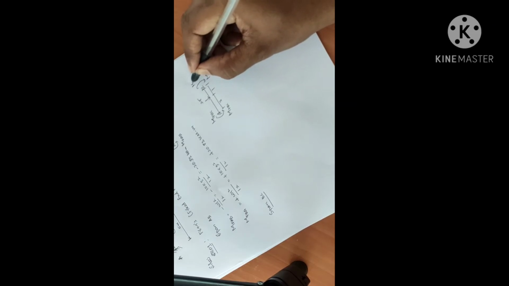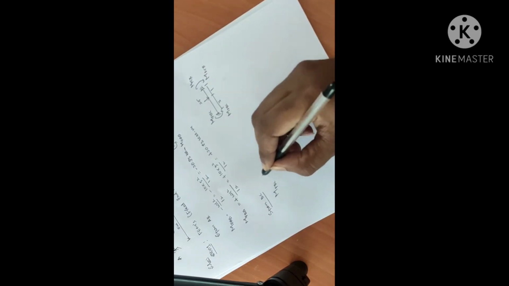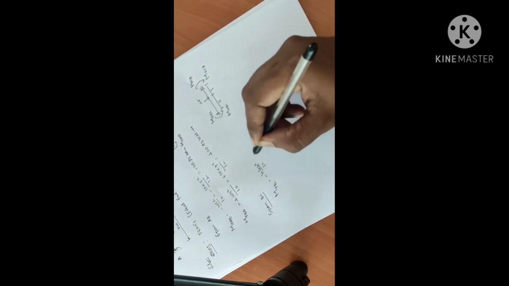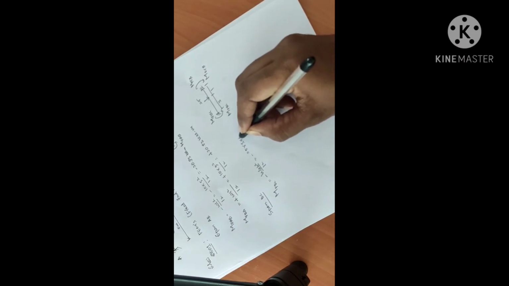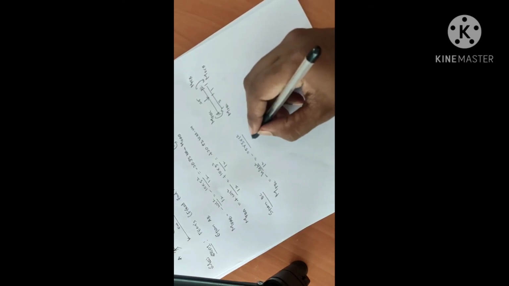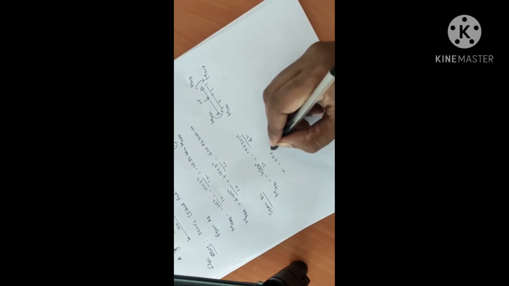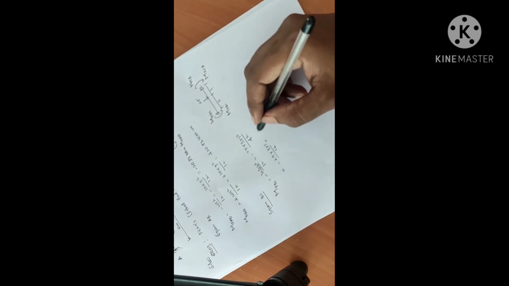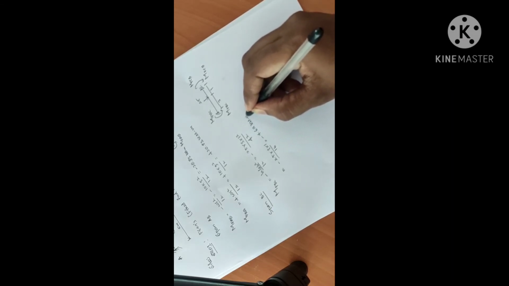MFBC will be minus W a b square by L square, minus 25 into 3 into 1 square divided by 4 square, that is minus 25 into 3 into 1 divided by 16. The answer, if you calculate, is minus 4.69 kilonewton meter.